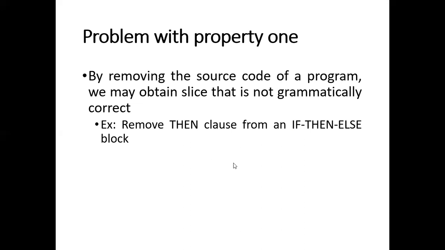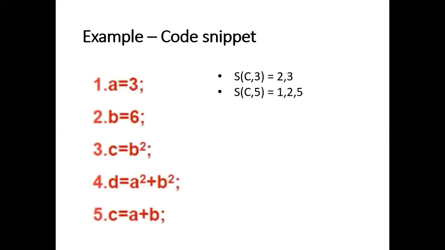So we will go through a very simple code snippet and how to do the slicing. So this is my program, right? My first slice will be this one: slice C, line number 3.